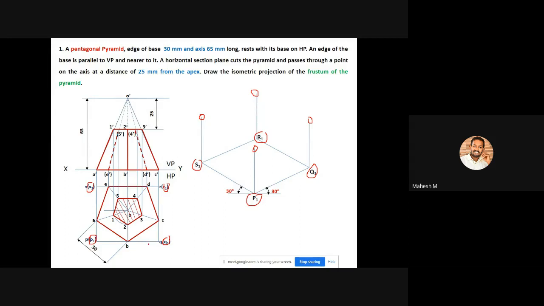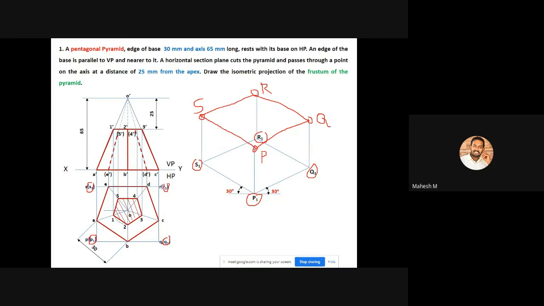Similar to that, PQRS has been marked outside the brackets. So this particular point will be P, and this particular point will be Q, and this particular point will be R, and this one will be S. So you can join this P, Q, R, and S, and also P with a normal line.